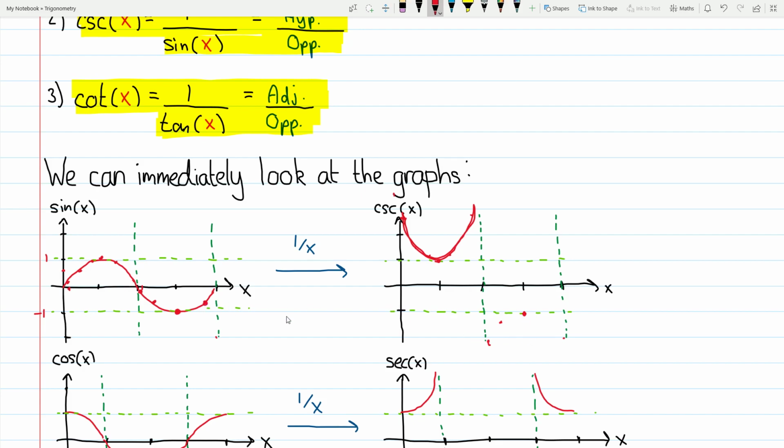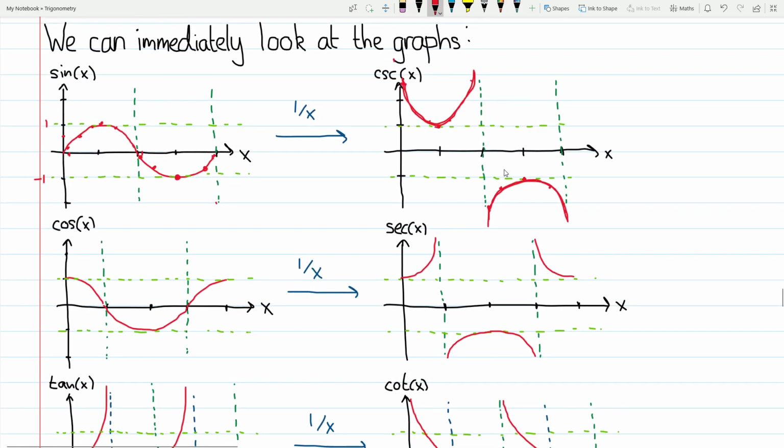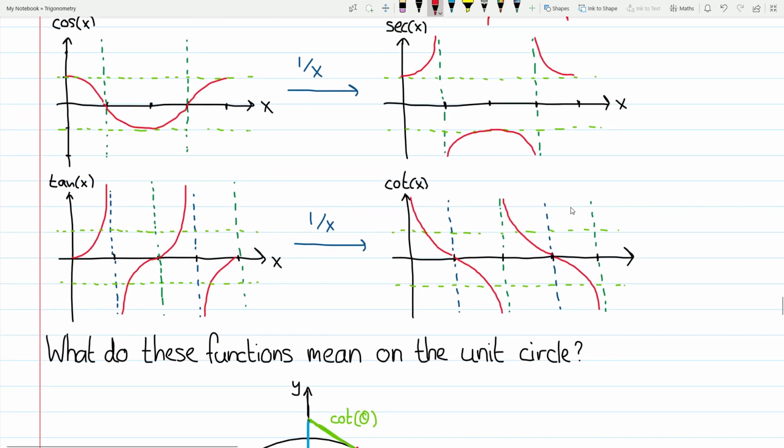And again, we can do the exact same. Something very, very close to 0, but negative gives us a very, very large negative number, and so we can connect these dots again, and so on. Okay? So here we're doing 1 divided by a thing. And these are the graphs of the reciprocal trig functions.